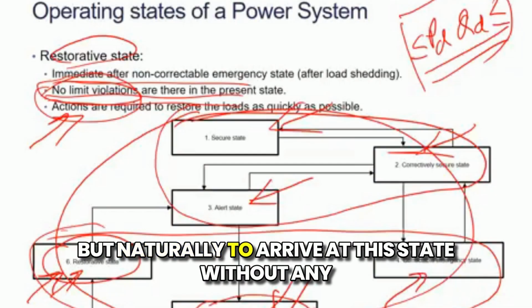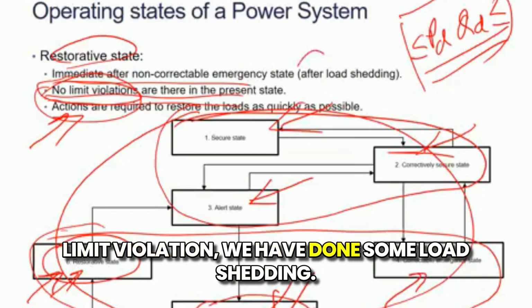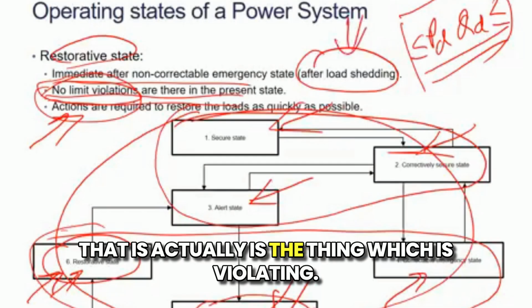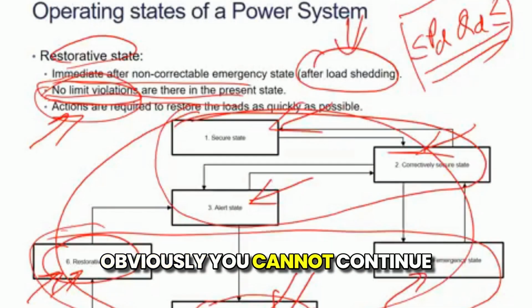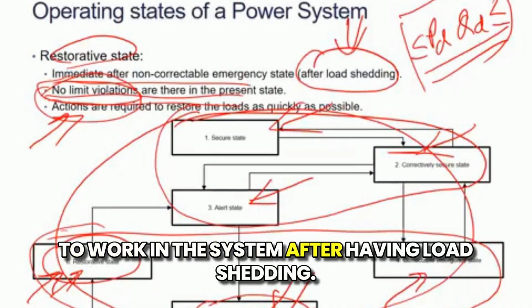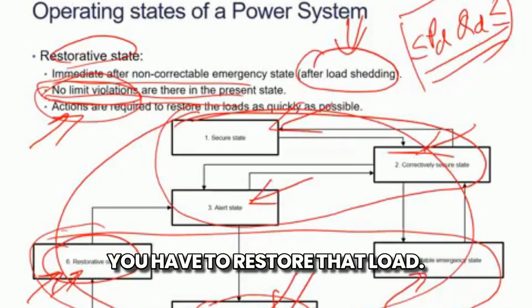But naturally, to arrive at this state without any limit violation, we have done some load shedding, and that is actually the thing which is violating. Obviously, you cannot continue to work in the system after load shedding. You have to restore that load.